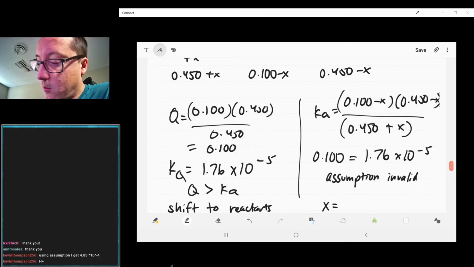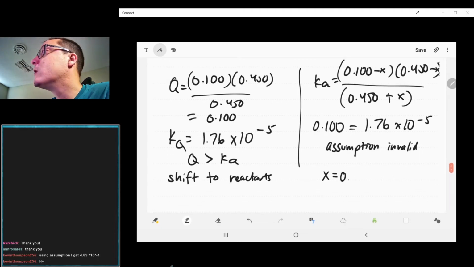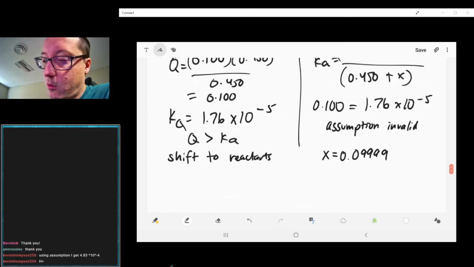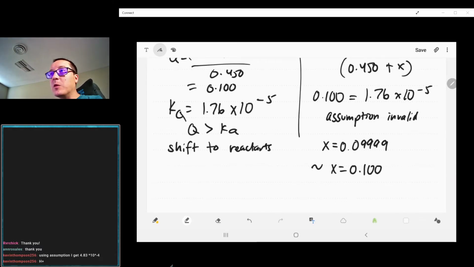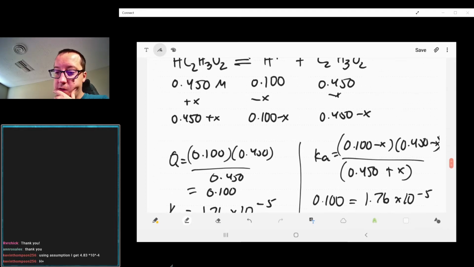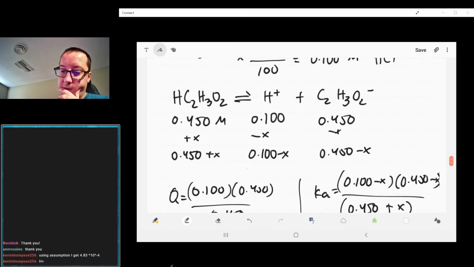So we're looking at 0.09999, or if we round that, x is 0.1. Notice that our H plus concentration is 0.1 minus x.